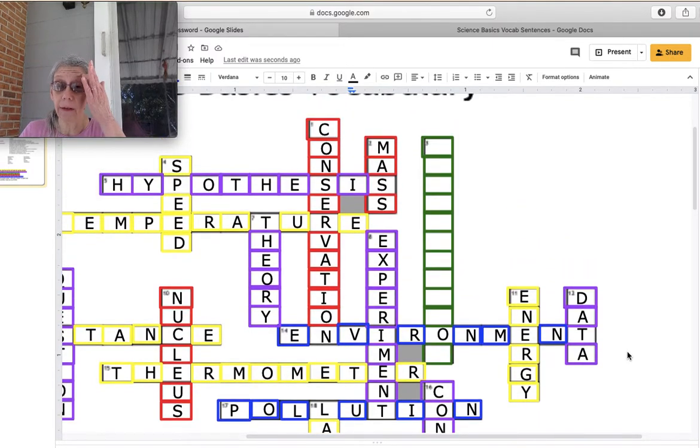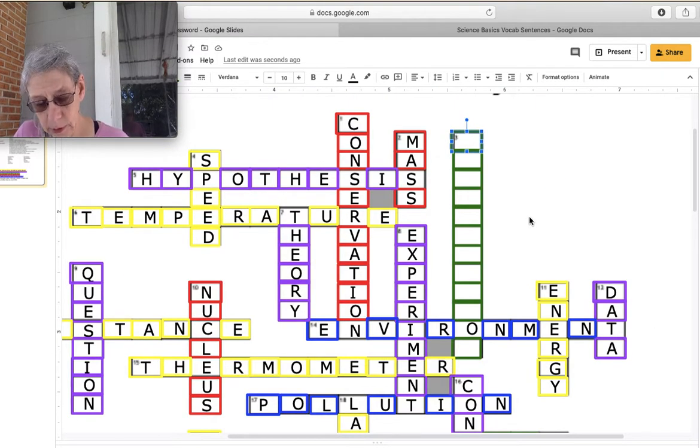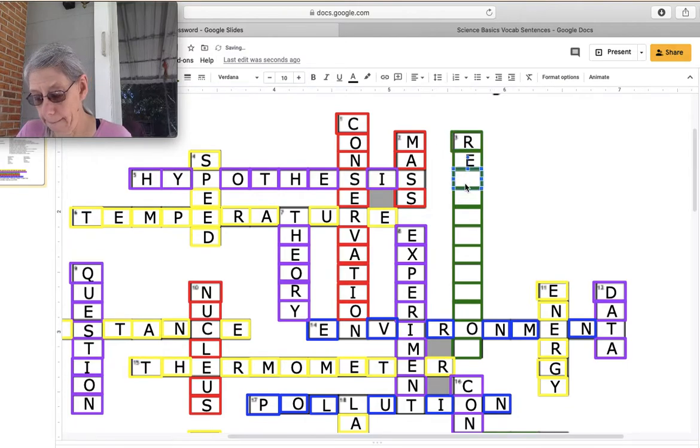And last but not least, the pinnacle of all sciences, biology terms. So we'll come up here to 3 down. The process by which living things produce more of their own kind. Part of the answer is in the clue. Produce is included in reproduction.